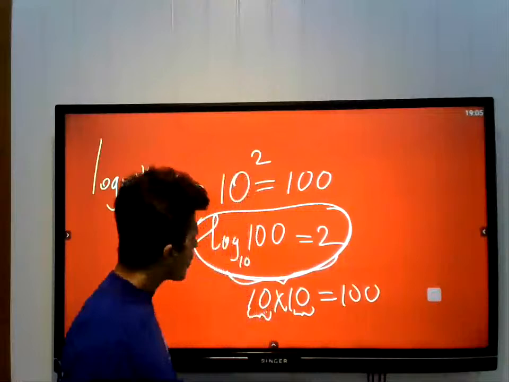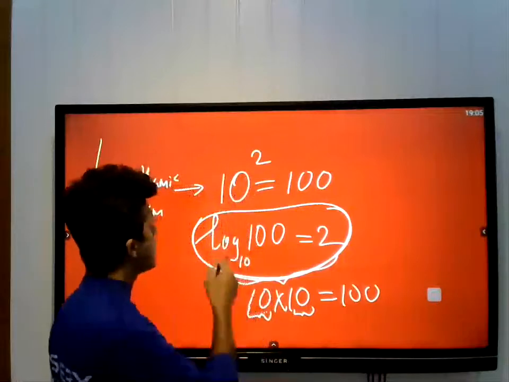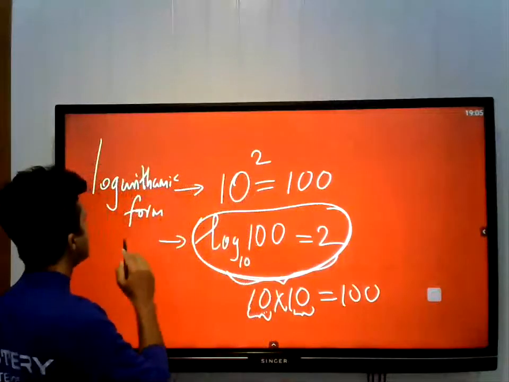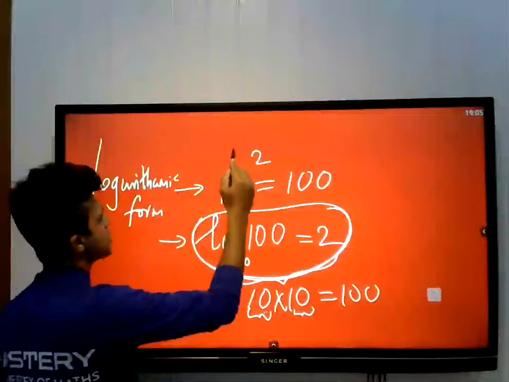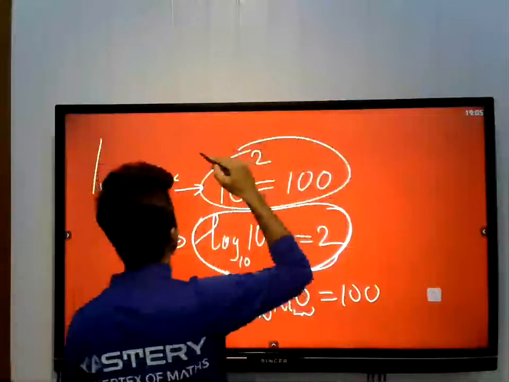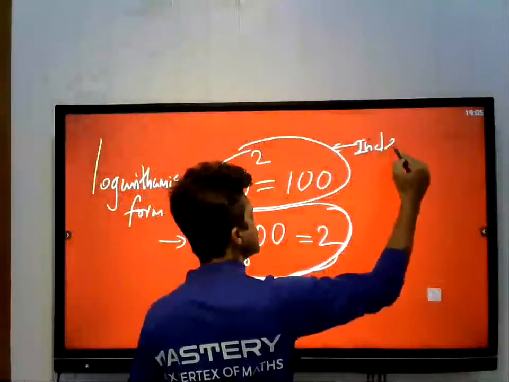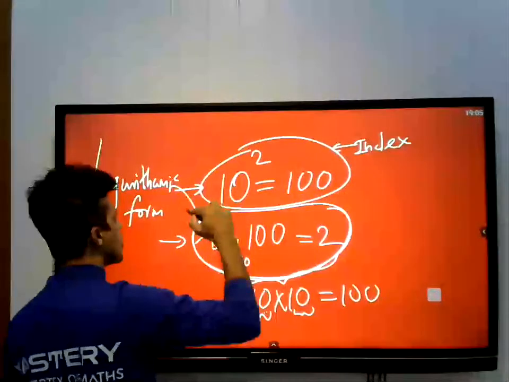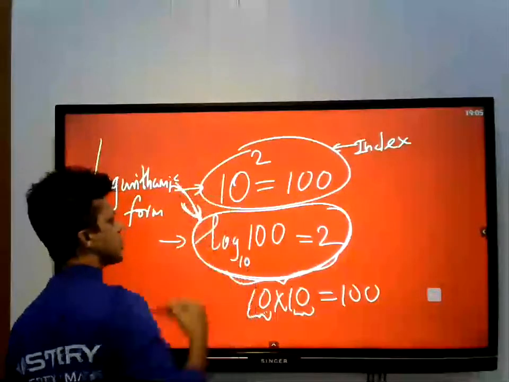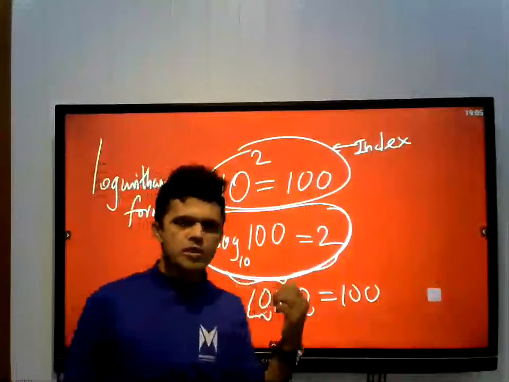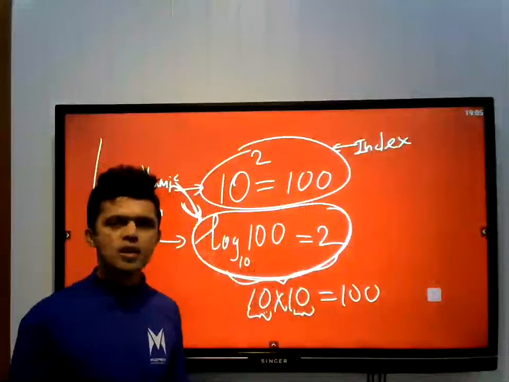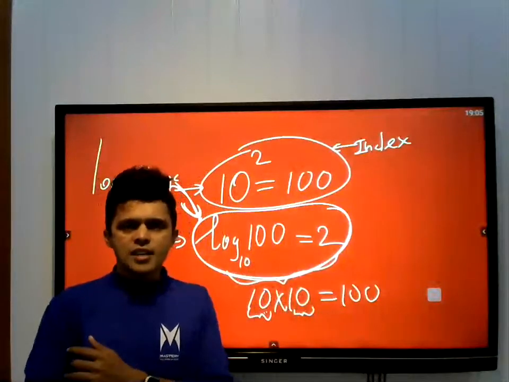So this is the index form and this is the logarithmic form. The reason it is called logarithmic form is that you can see log here.